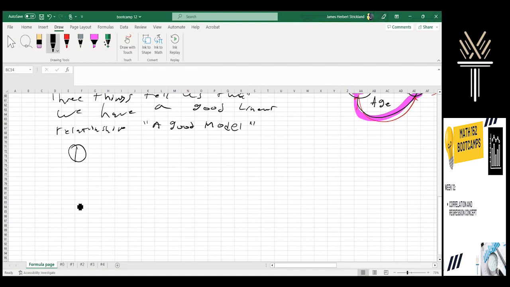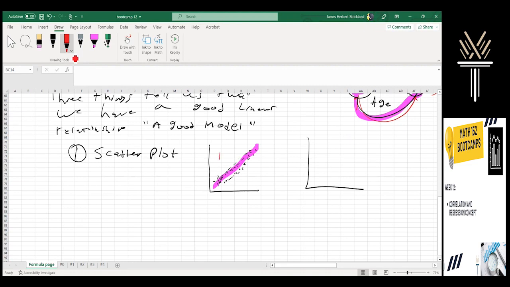The first one is we look at the scatter plot. If it has a good linear model, then what we should see is one of 2 things. You're going to see random dots because we have variation in our data, but they should all be going in a similar direction. In this case, they're all going up and to the right. We call this a positive correlation.